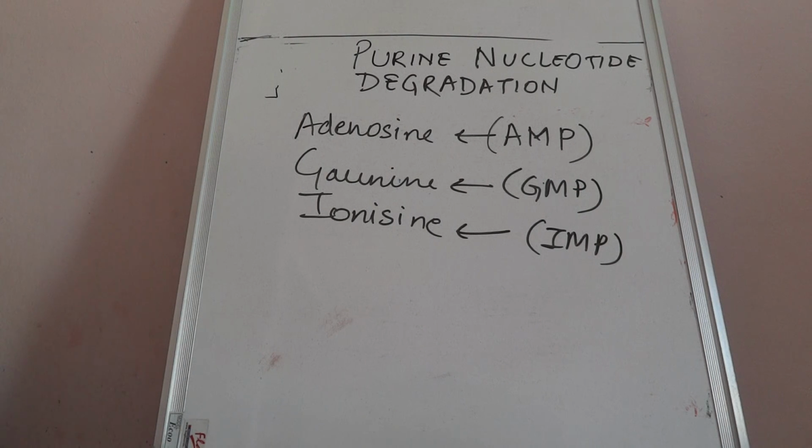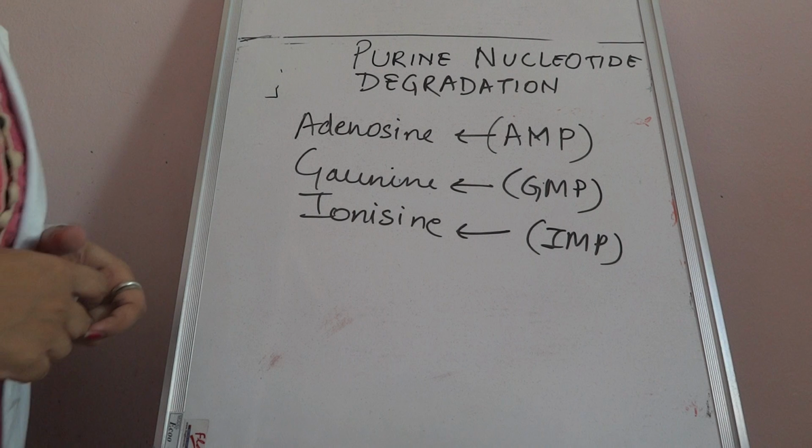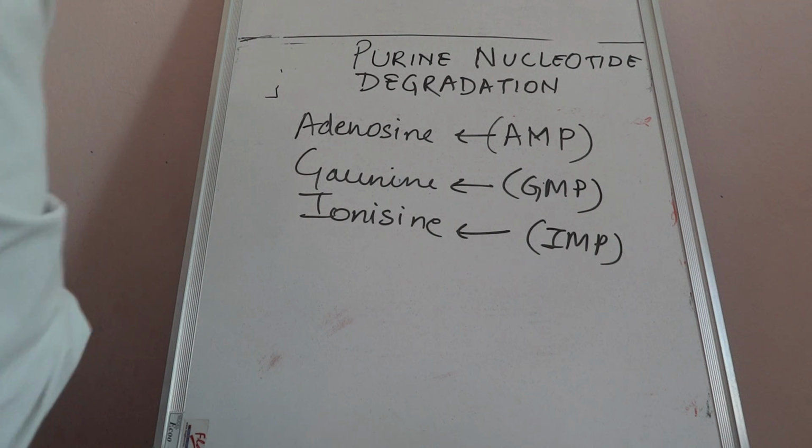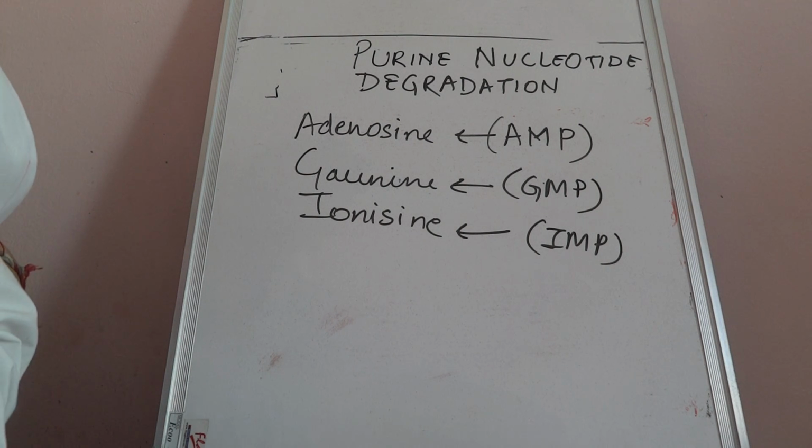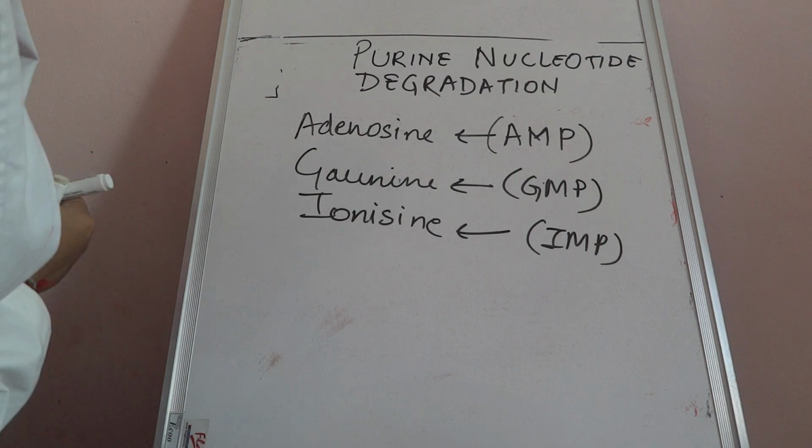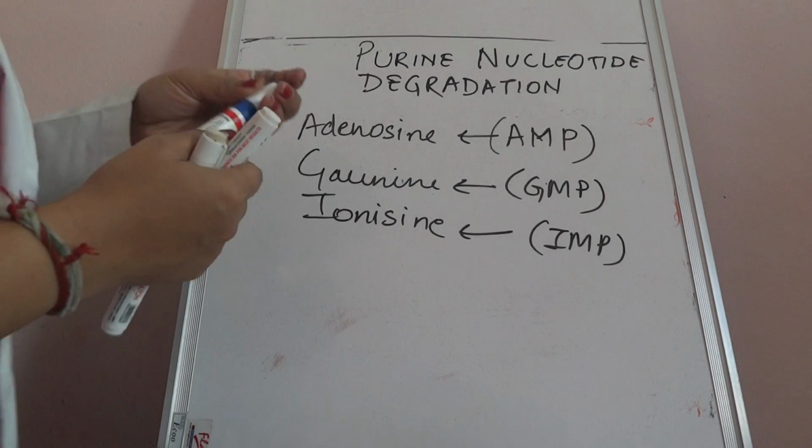So the nucleotides are adenosine monophosphate, guanosine monophosphate, inosine monophosphate.